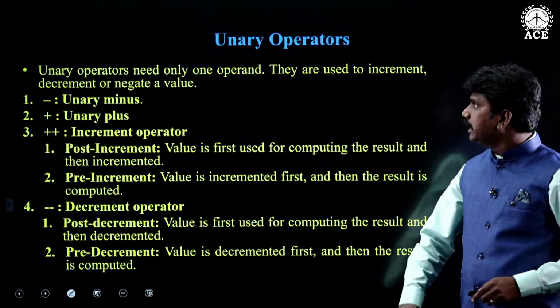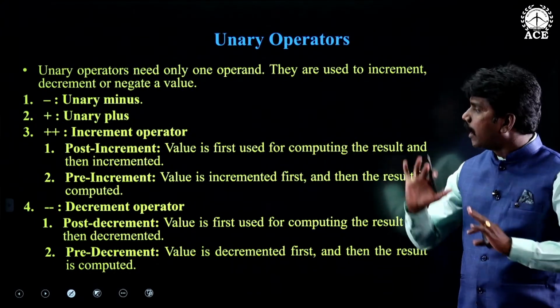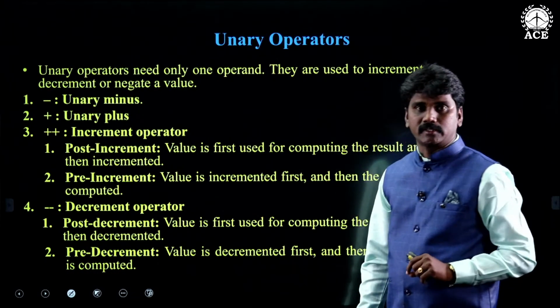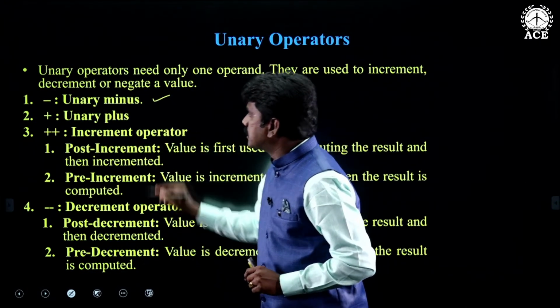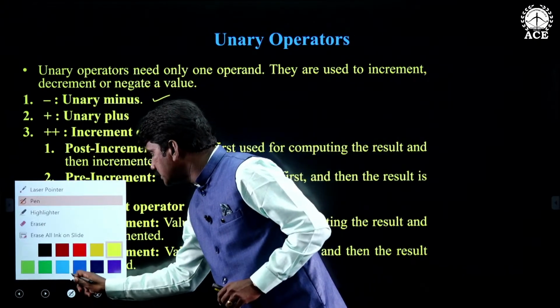Next one is unary operators. One of the most important and valuable concepts in operators especially is unary operators. Suppose the first one, unary minus. How is the unary minus going to be?